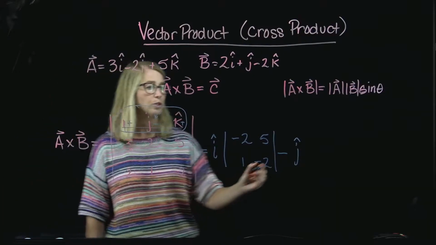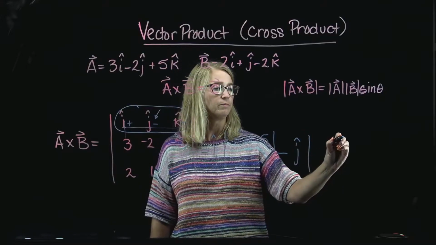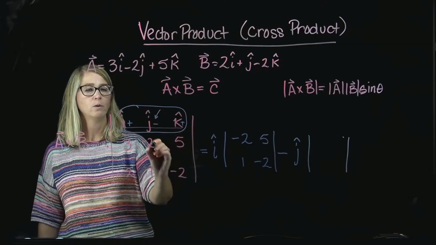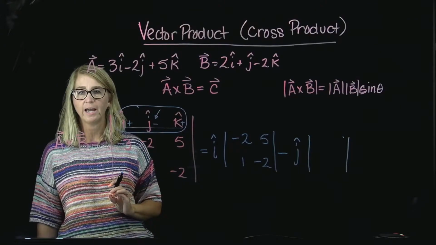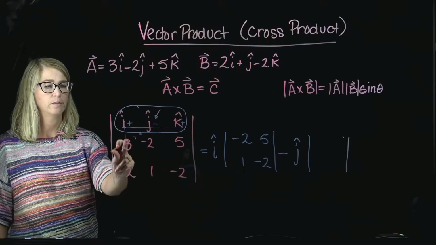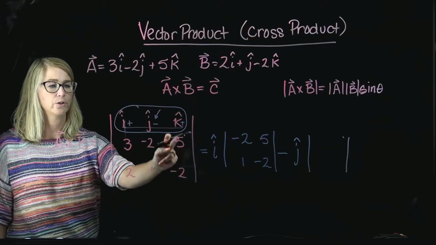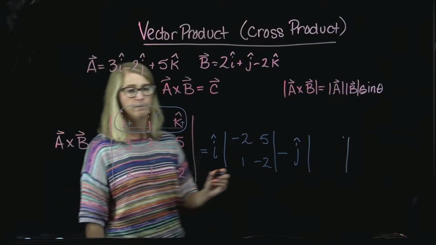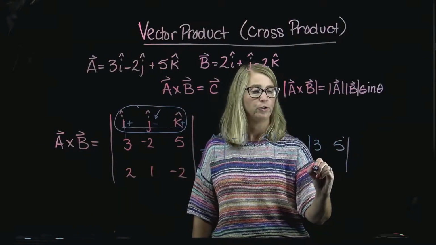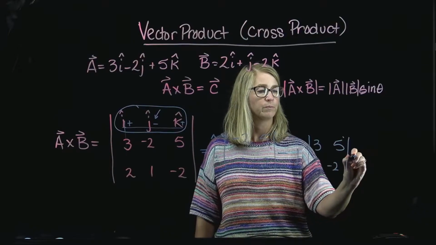Now when we do the 2 by 2 matrix, we have to eliminate the row and column that J hat appears in, and that is going to leave us with these 2 numbers and these 2. So we have 3 and 5 and 2 and -2.